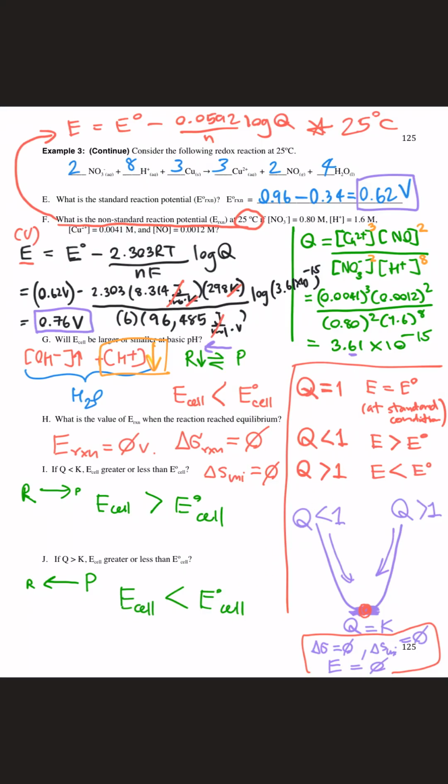So when Q is greater than K, it shifts in the reverse direction, and when Q is less than K, it shifts in the forward direction. These two shift until Q and K are equal, which is the lowest energy, and that's when the reaction stops, because it's already at equilibrium.